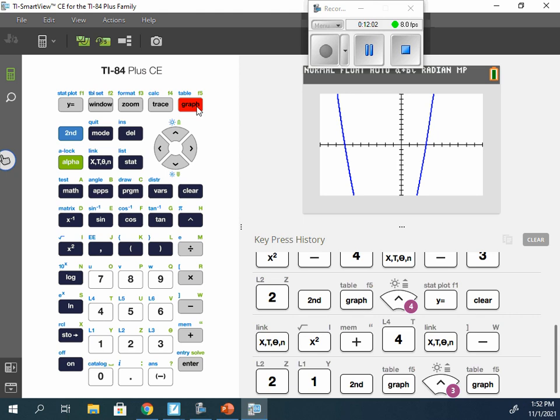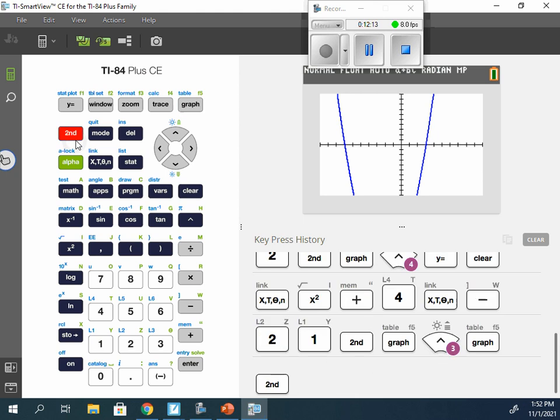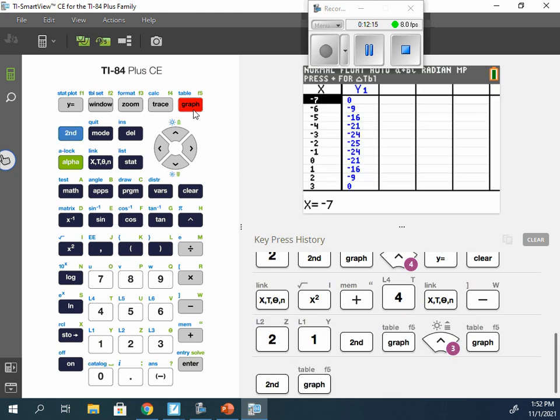Whenever the graph crosses the x-axis, those two locations are where y is 0. So I see that I have one in the negatives and one in the positives. So when I look at the table, I'm looking for an x value that is negative and an x value that's positive. Well, here we have 2.